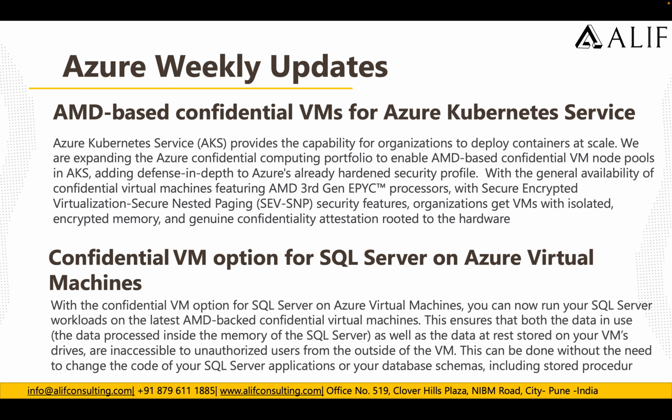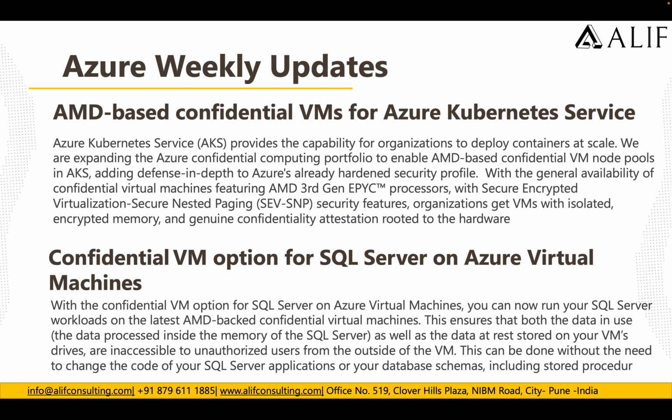So let's take an example. If there is any banking organization that wants to run confidential applications, because they have a lot of information about their customers and their personal information, that's where you can use these AMD based confidential virtual machine SKUs on Kubernetes to host your application as a confidential virtual machine.